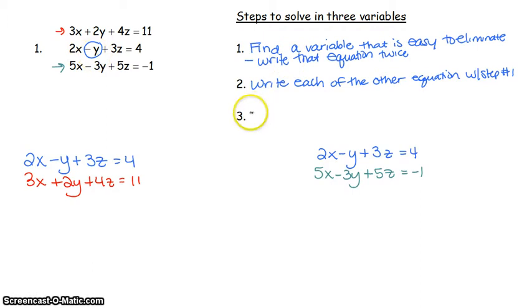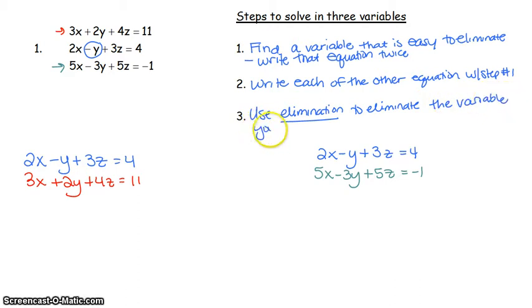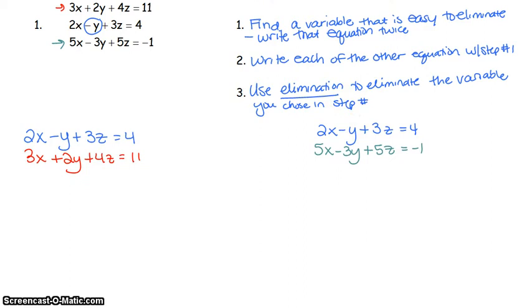So your last step, step 3, is use elimination to eliminate the variable you chose in step 1. Again, you can use substitution, but elimination is the easiest. When we look at the first one, we chose y, and we have a 2y here.